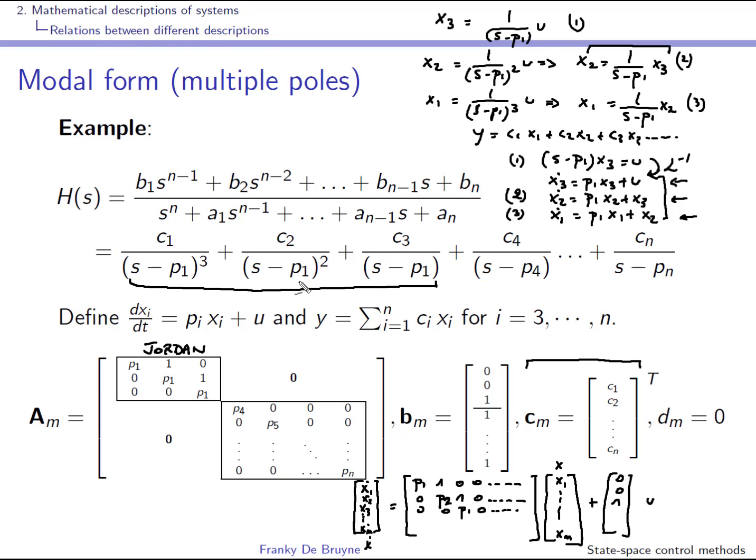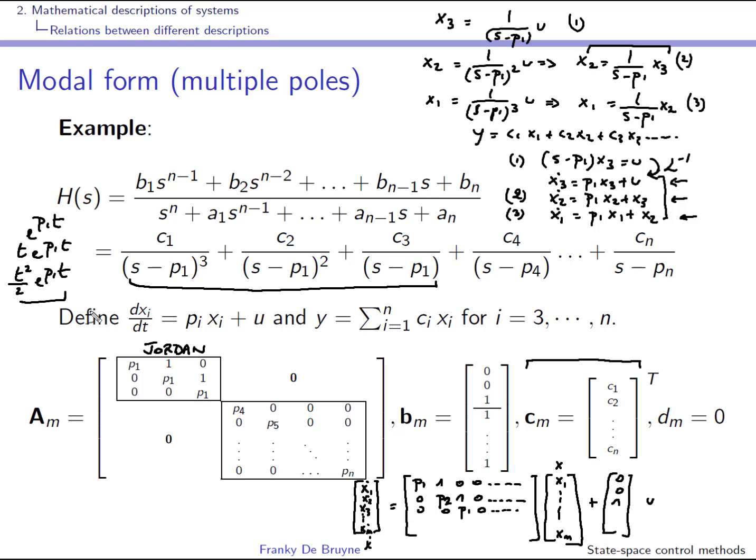Well, this one will give a mode of the type exponential of p1t. This one, if you take the inverse Laplace transform, will give modes of the type t exponential of p1t, and this one will produce modes of the type t squared over 2 exponential of p1t.